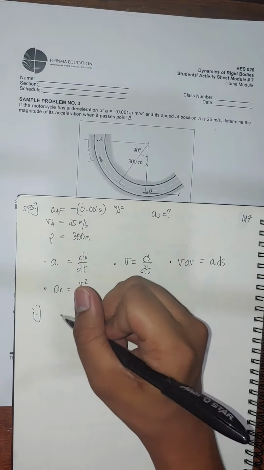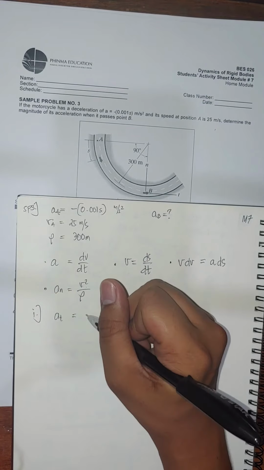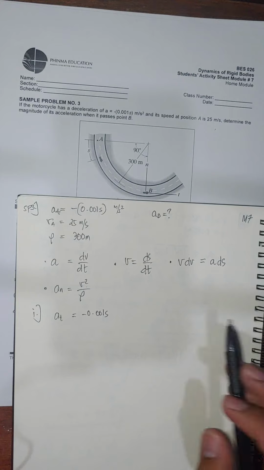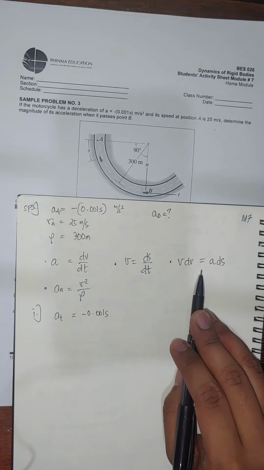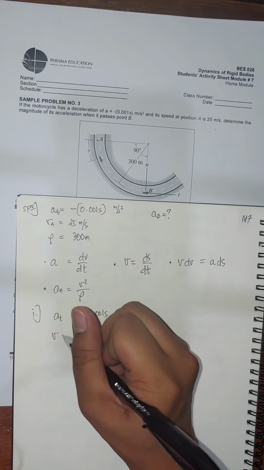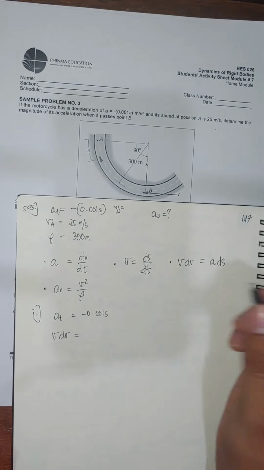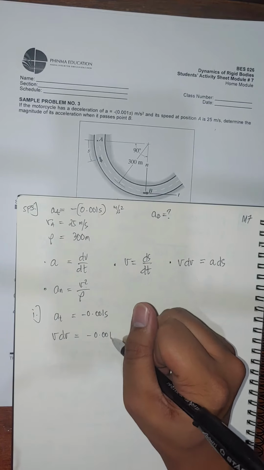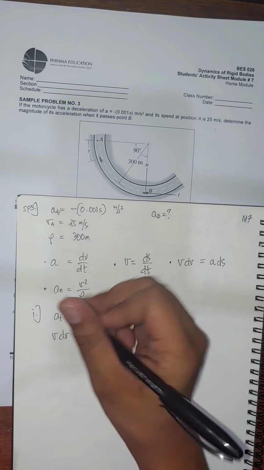Okay, let's start. The tangential acceleration is equal to negative 0.001 s. Using that relationship, v dv equals a ds, which is equal to negative 0.001 s ds.